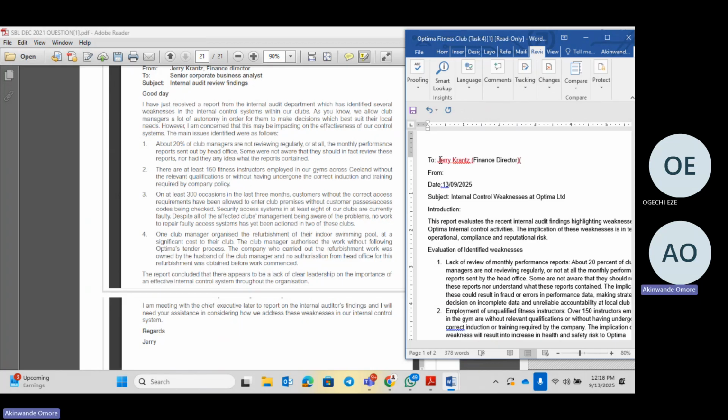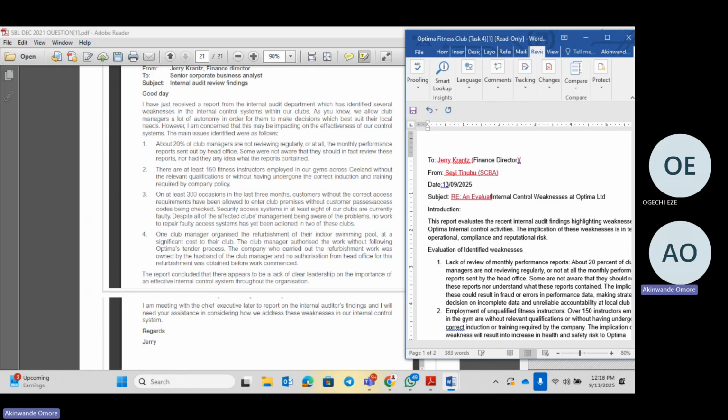Then from who, put your name. Sheyi Tinubu. What's your role? Senior corporate business analyst. Then what's the date? Then the subject, the subject will be in capital letters. Do you agree?